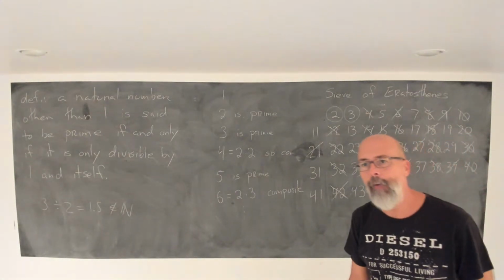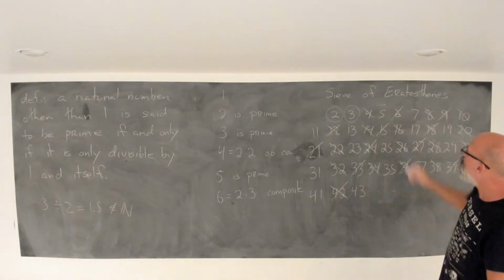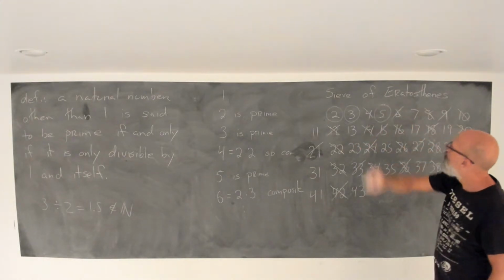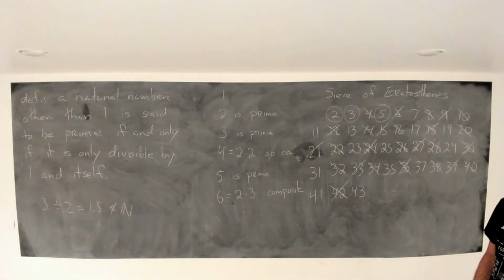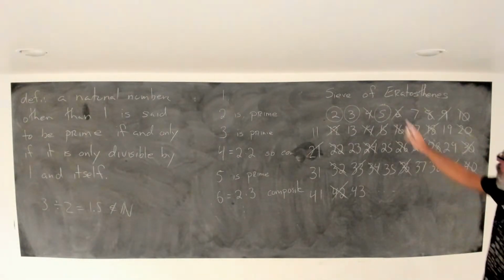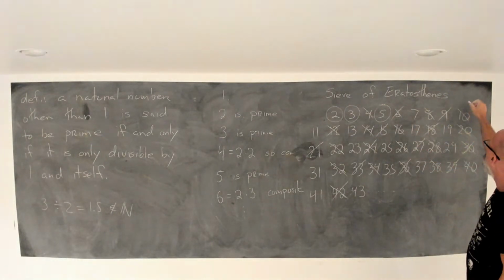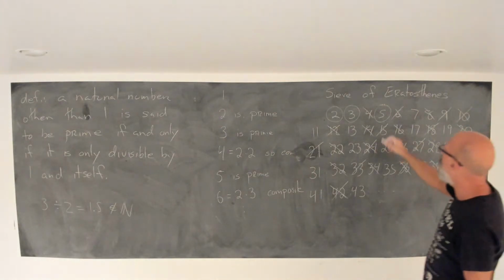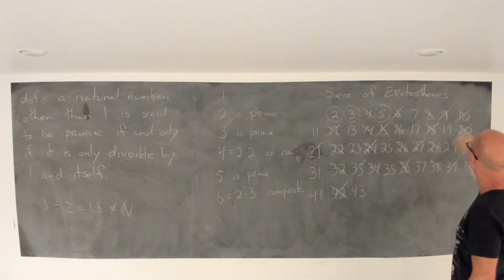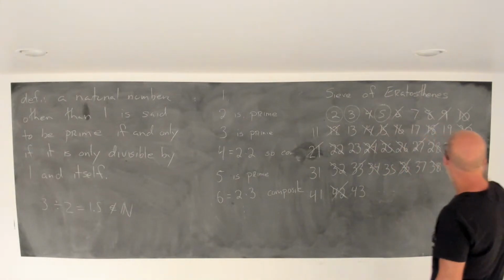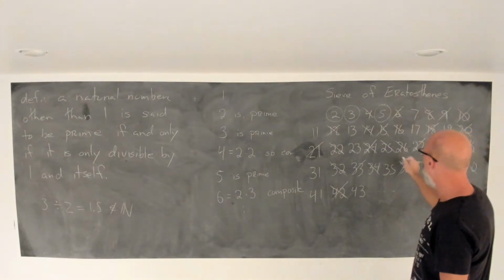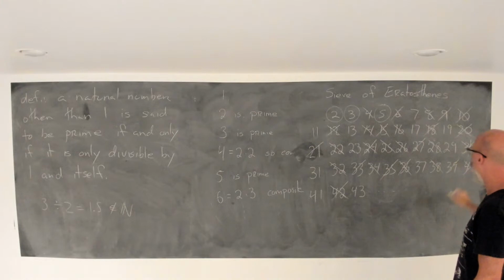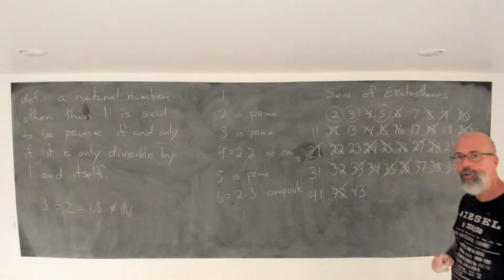Next smallest number is prime. Remove multiples of 5. 5, 10, 15, 20, 25, 30, 35, 40, and so on and so on.